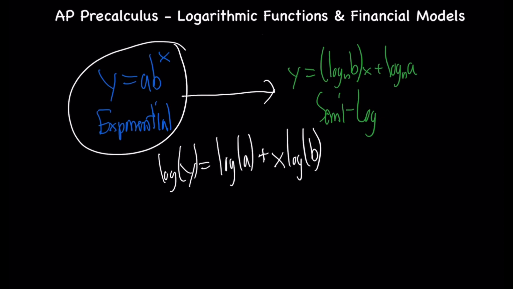And then eventually, all you have to do at this point is just remove the log on this side from y. And you pretty much have your semi-log equation. This is pretty much how you set it up.